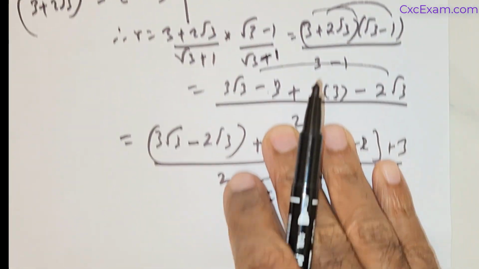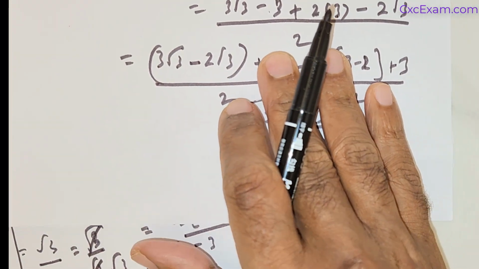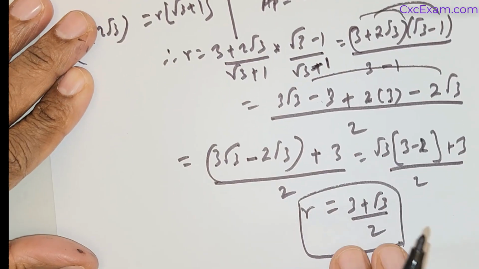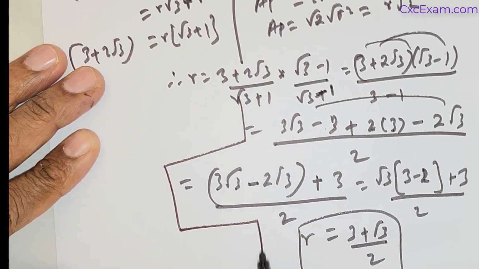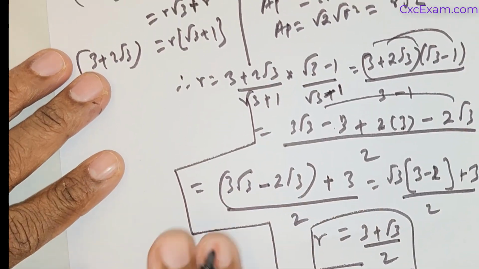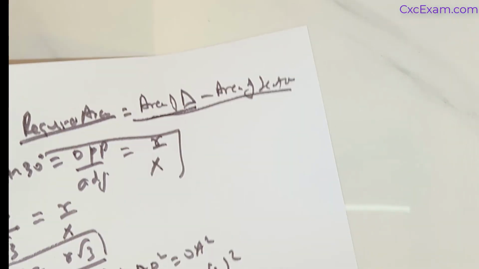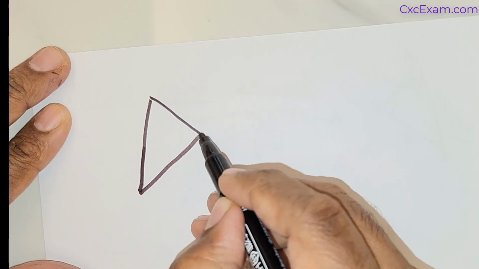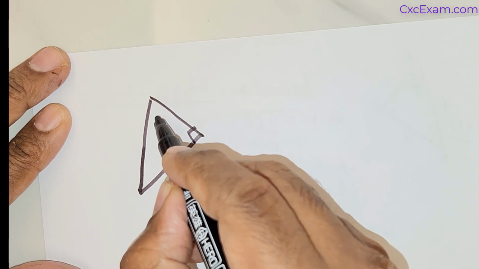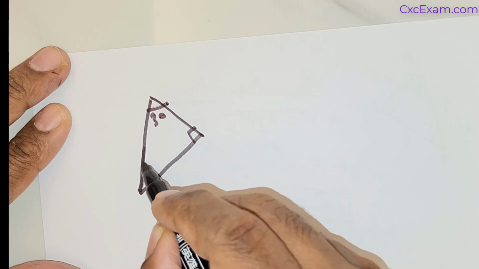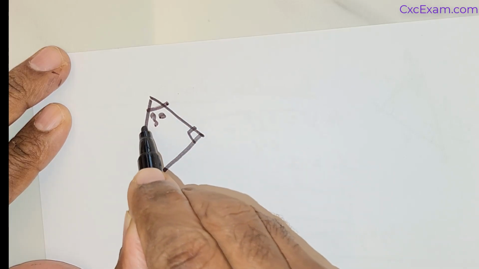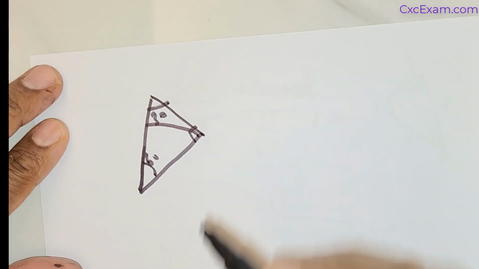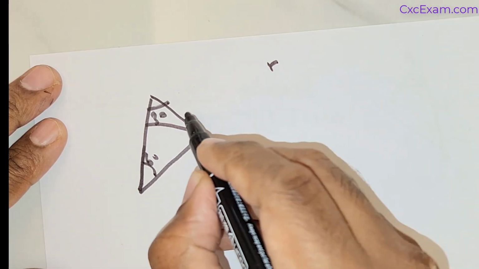So let me calculate. Foremost we will find the area of the triangle, so let me draw the figure. This is 90, this is 30, this is 60, and we have got the value of r, right?